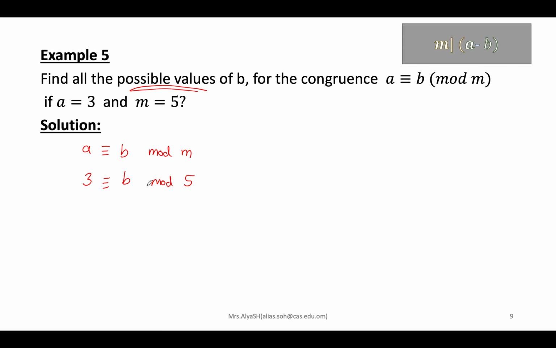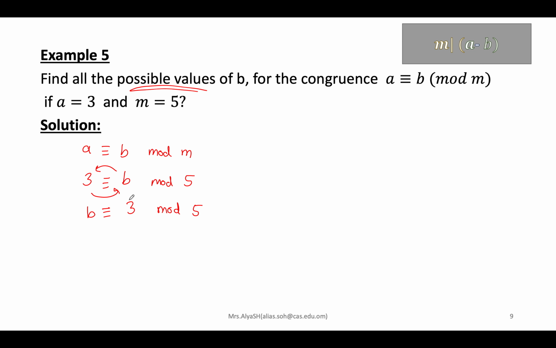From our modular properties, we can switch the places, so B is congruent to 3 mod 5.